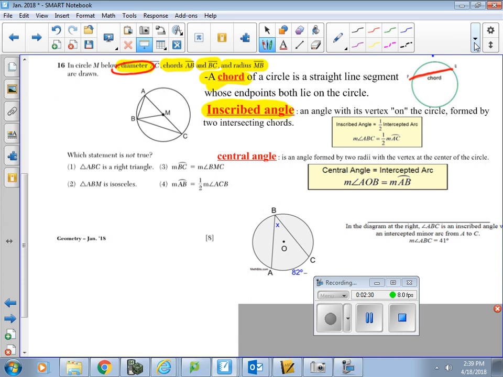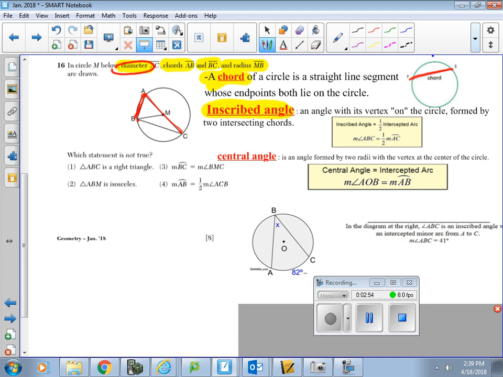All right, so inscribed would be, for example, BAC. Okay, this is an inscribed angle with its vertex, which would be A, on the circle, formed by two intersecting chords. The intersecting chords would be AB and AC.